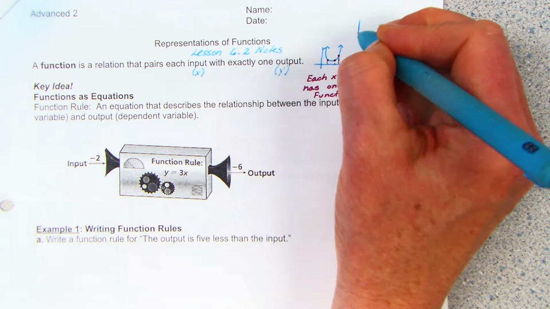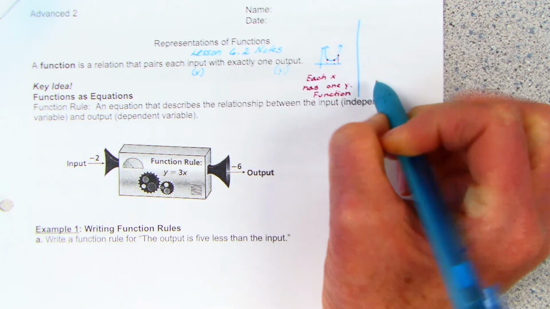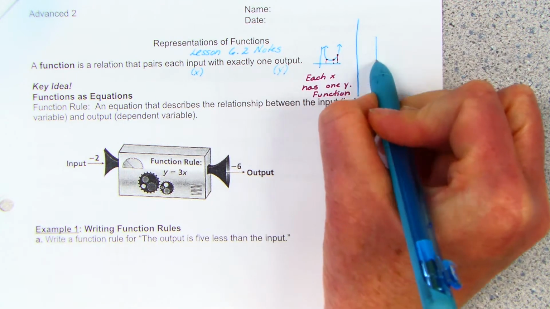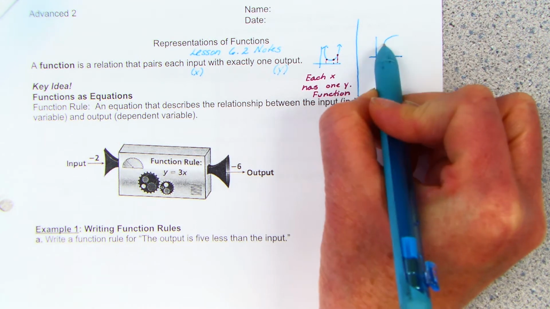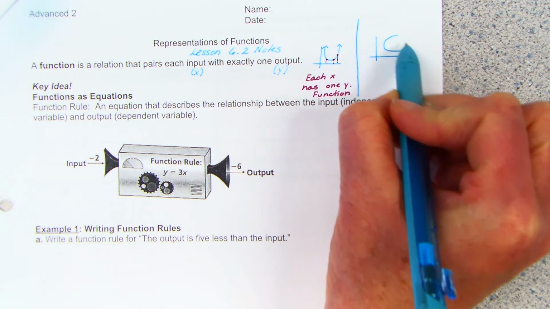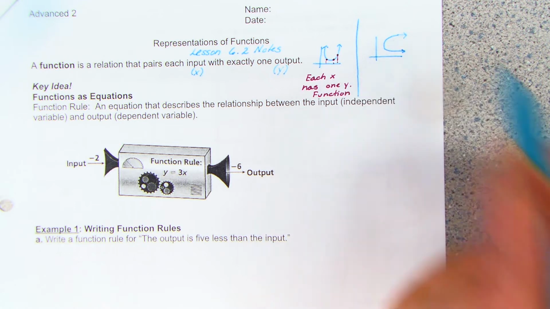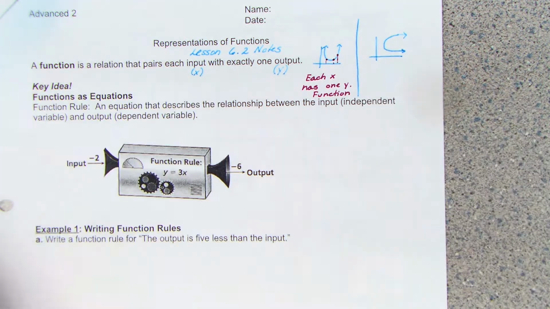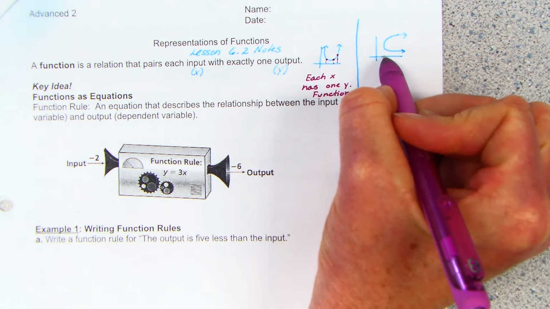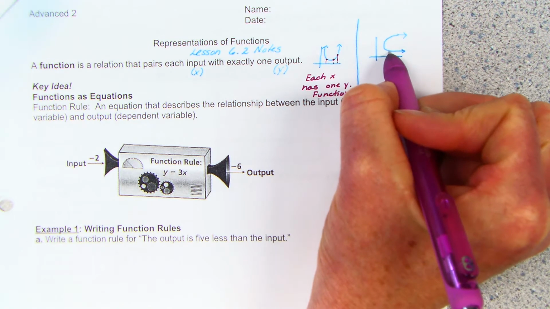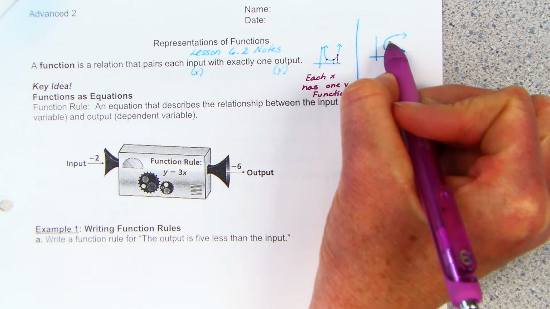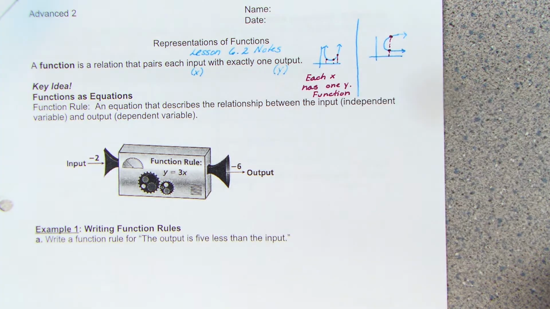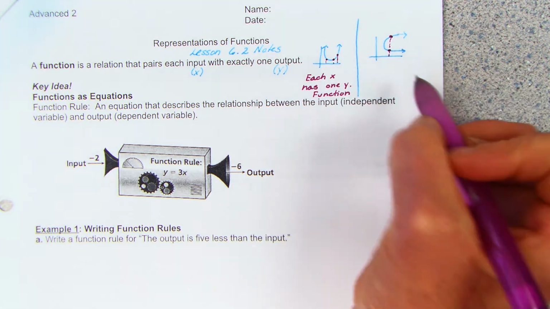But what if our graph, instead of looking like a U, looks like a U laying on its side? What if that U is rotated? Now when I go over to an x, I can come up and it's going to touch the y there. But then it comes up and there's another y value that goes with that x.